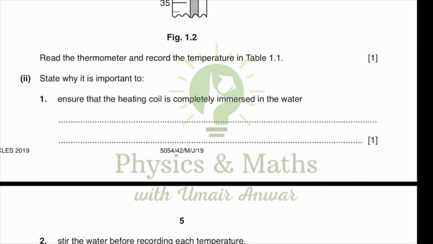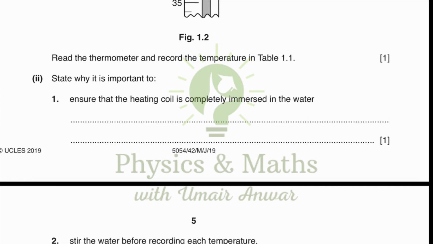Now the next part says state why it is important to, number one, ensure that heating coil is completely immersed in the water. So when the heating coil is not completely immersed in the water, there would be heat loss to the surroundings. And when it is completely immersed in the water, all the heat would be transferred to water only.